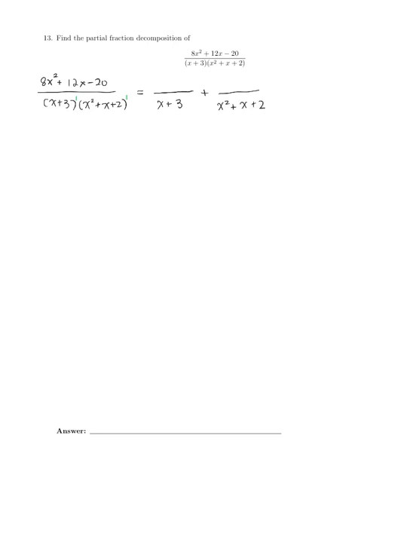Now what goes on the numerator over x plus 3 as a denominator would be the general form of the polynomial of 1 degree less than degree 1. That will just be a constant, which I'm going to put as a. Now, what to put on top of the second fraction is the general form of the polynomial of 1 degree less than what's given in the denominator, which is degree 2.